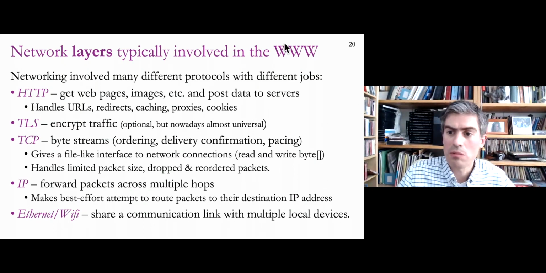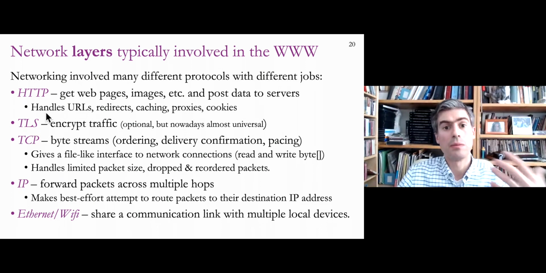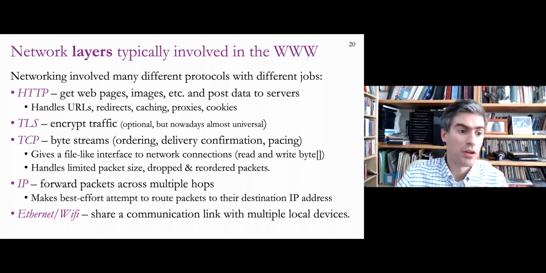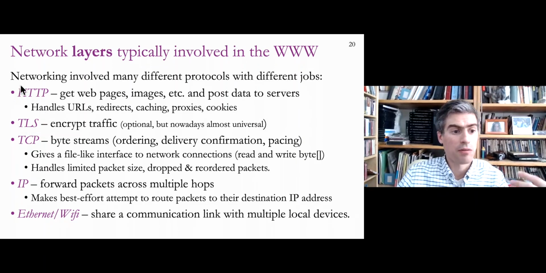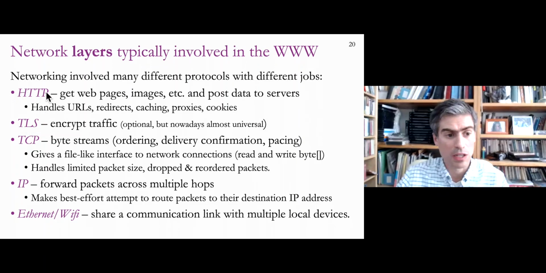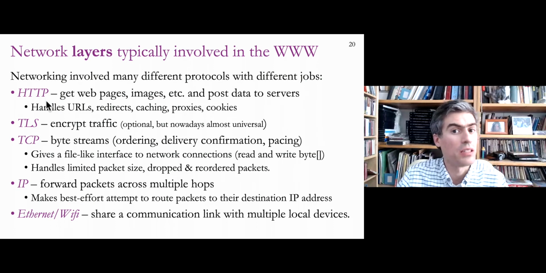So if we're talking about the World Wide Web, and visiting websites, there are several protocols involved in getting those website requests to work in a browser. At the highest level, there's HTTP, the Hypertext Transport Protocol. Next lecture, we'll talk in detail about what that is when we talk about application layer protocols.